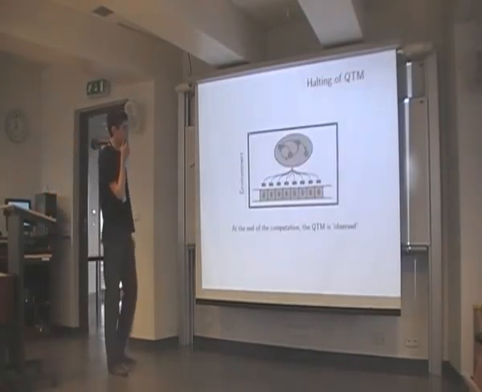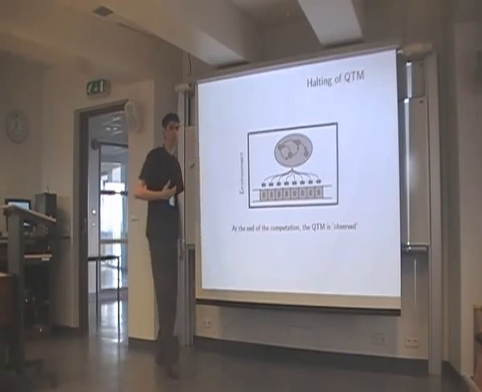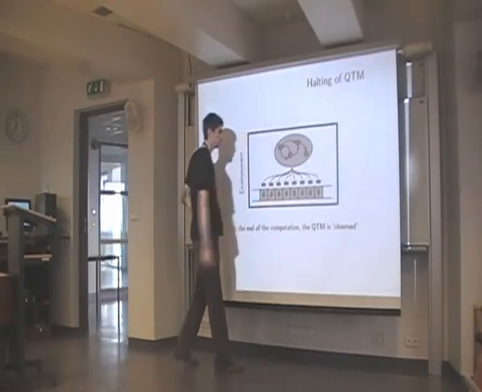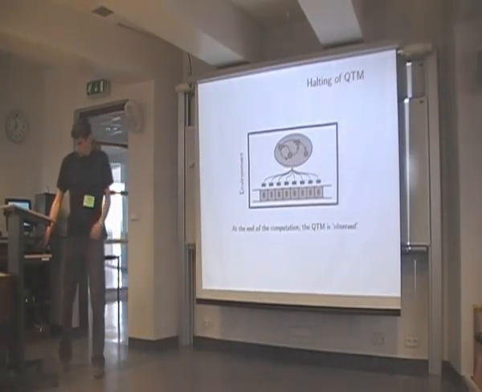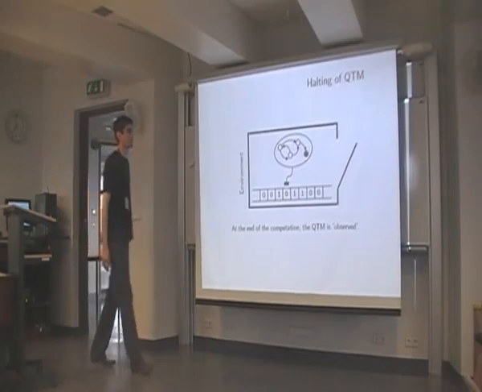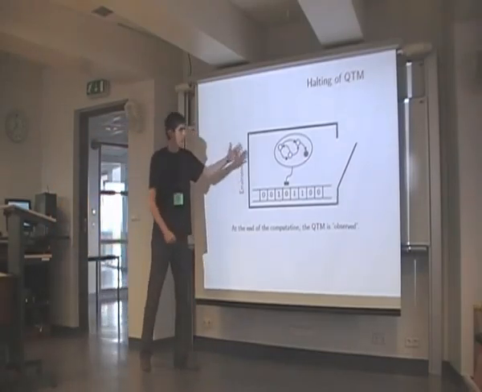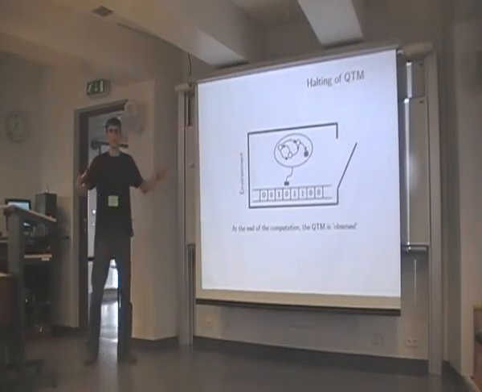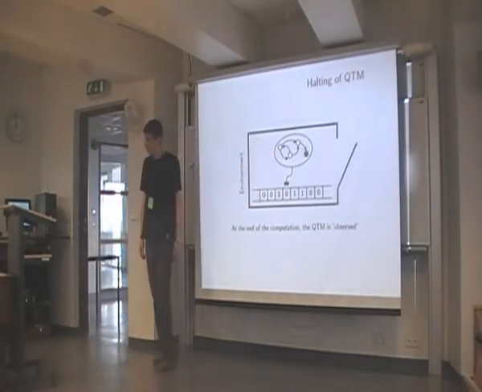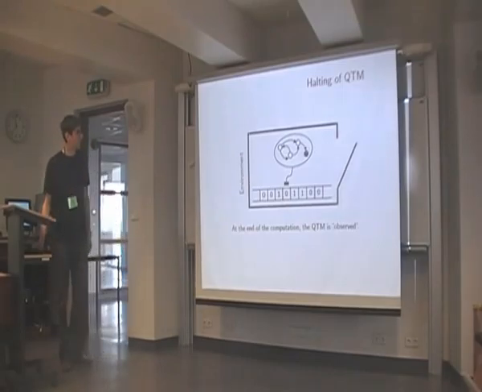Okay, so now what happens at the end of the computation? We have seen that during the computation, the machine is isolated. And at the end of the computation, the idea is that we want to have a classical outcome. So we observe the machine. We just open the door, and the configuration, which is a superposition, collapses to a classical configuration, which is the outcome of the computation.